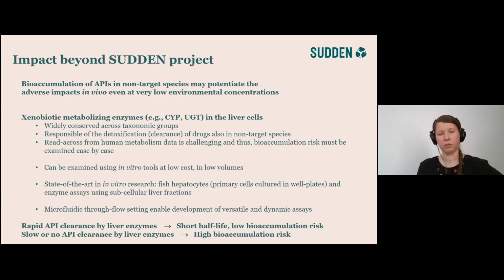With this respect, we try to develop versatile and dynamic assays that could differentiate between the compounds that are rapidly metabolized by the liver enzymes and have a low bioaccumulation risk and low hazard. And then we could differentiate the hazardous compounds and screen or maybe red flag them for further studies.